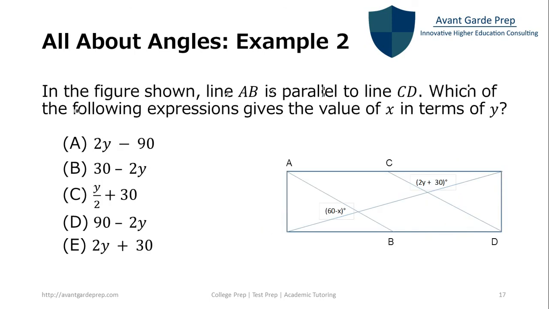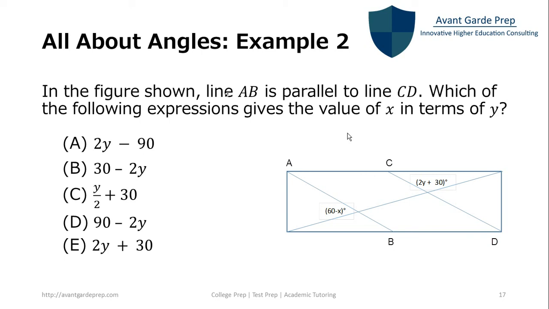Our next example reads, in the figure shown, line AB is parallel to line CD. So line AB is parallel to CD. Which of the following expressions gives the value of x in terms of y? Here we can use the backdoor method to solve this problem, since we have variables in the problem and in the answer.